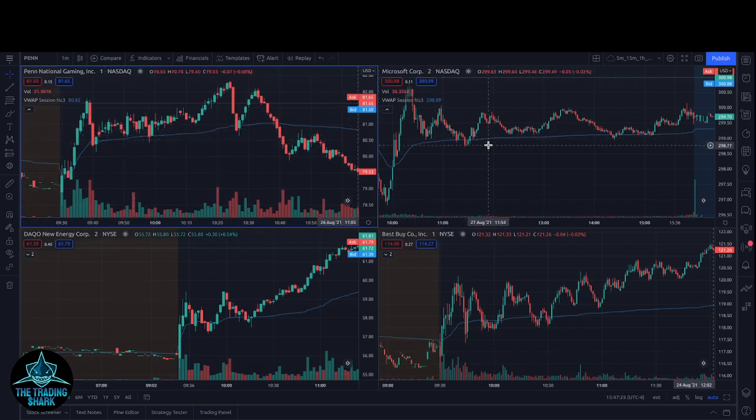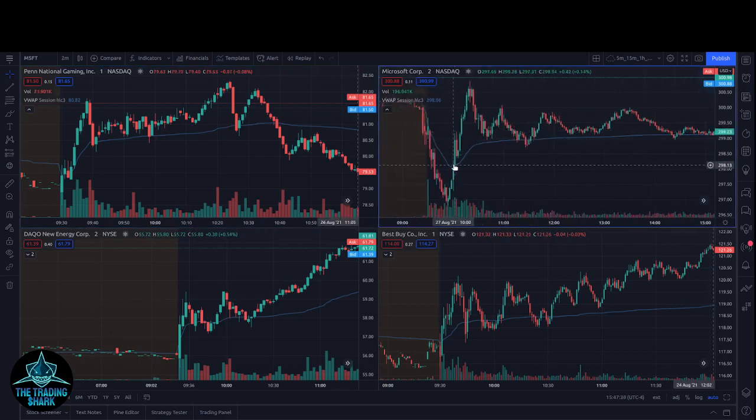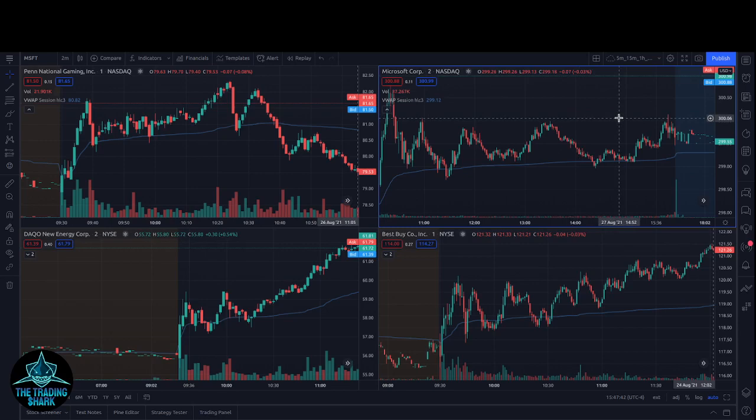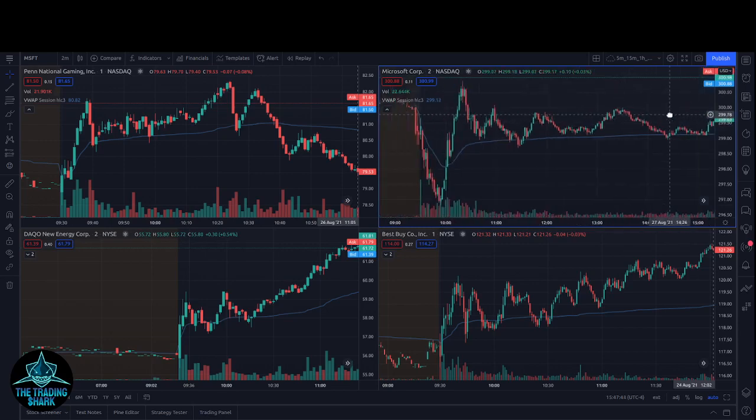Here another example for Microsoft. As you can see, as soon as it crossed up the VWAP, it went up and started to bounce up off VWAP, almost all day long actually. That's very interesting.